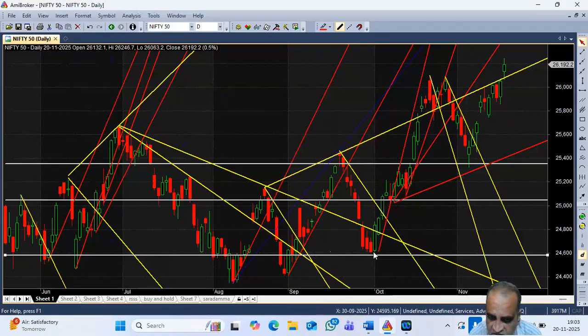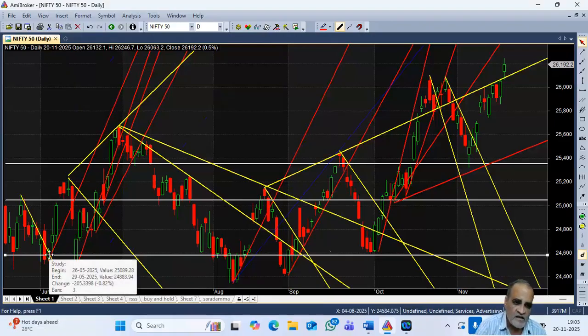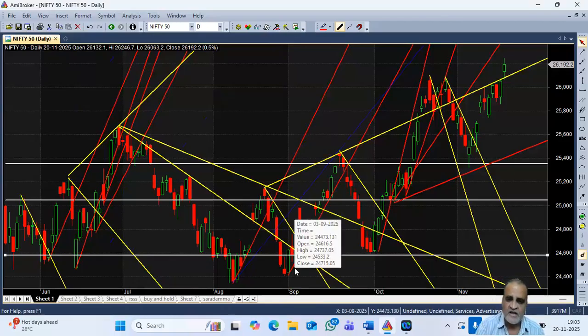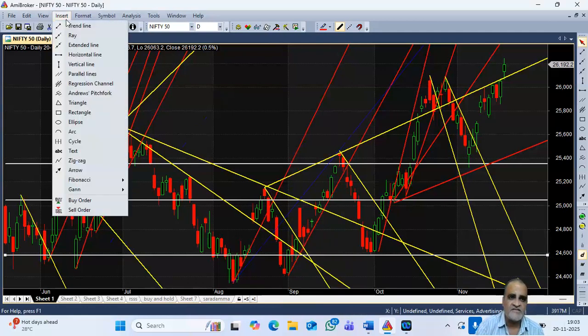Am I right? Yes. So the crossing took place somewhere in May or June, and proved right in September. Like that, I always put a horizontal line over the intersection.